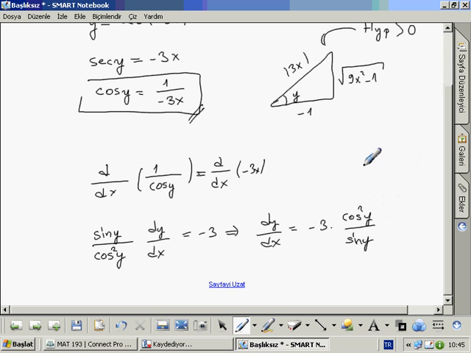We know that sine y equals the square root of 9x squared minus 1 over the absolute value of 3x.